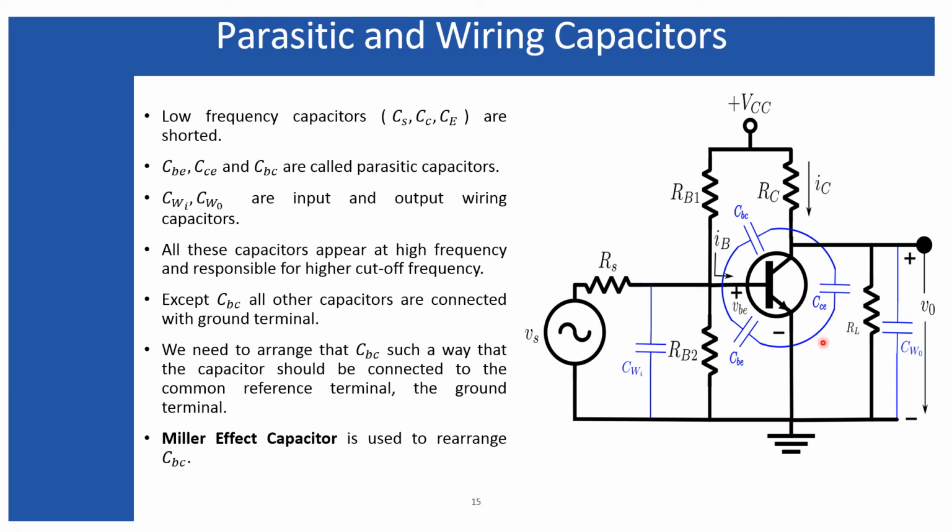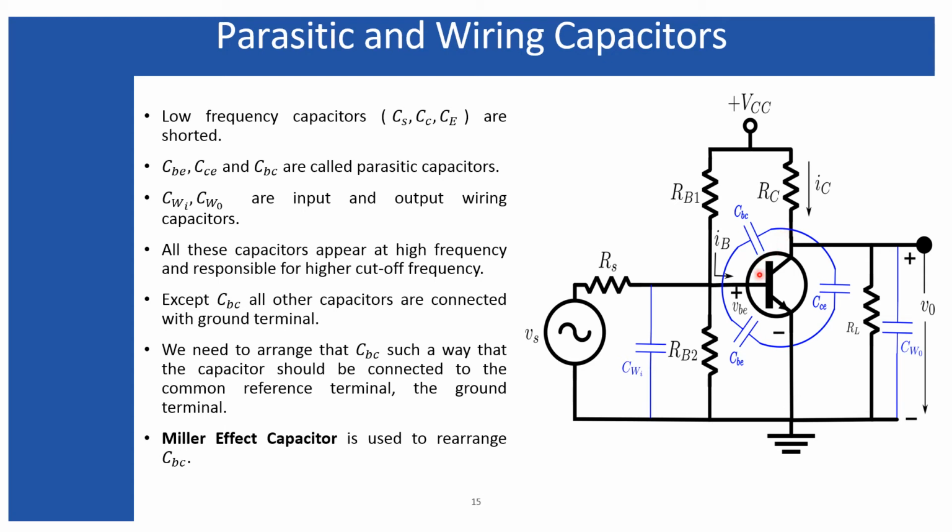Similarly, CCE and CWO are also appearing parallel to each other. Only the CBC, the base to collector capacitor, is not appearing parallel to any of these capacitors, because one of its terminals is connected with the base, and the other is connected with the collector.